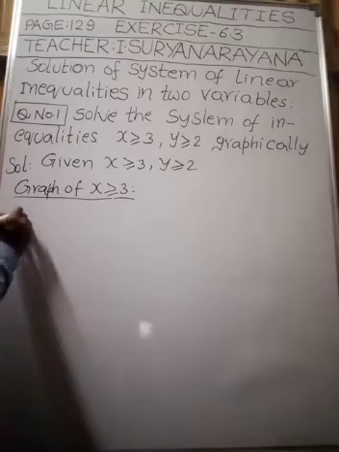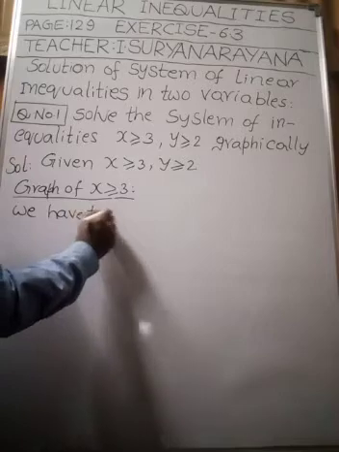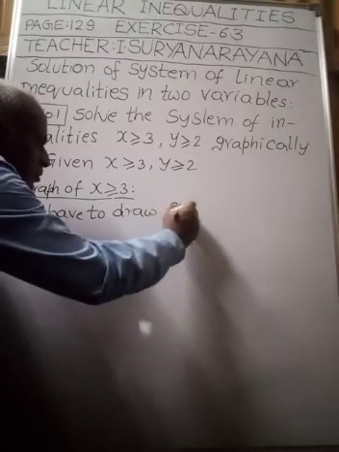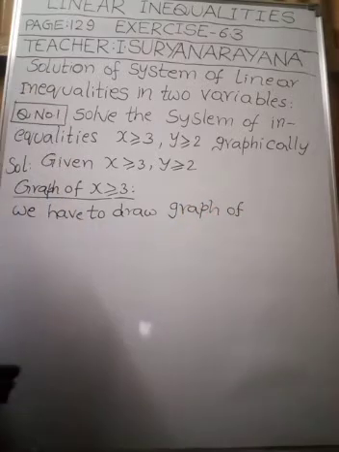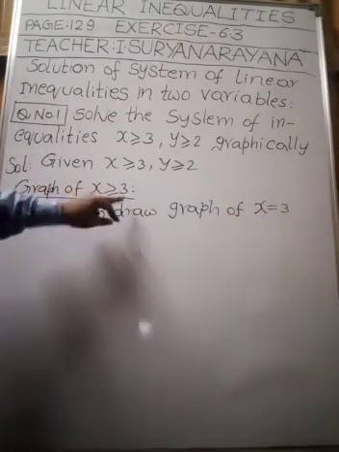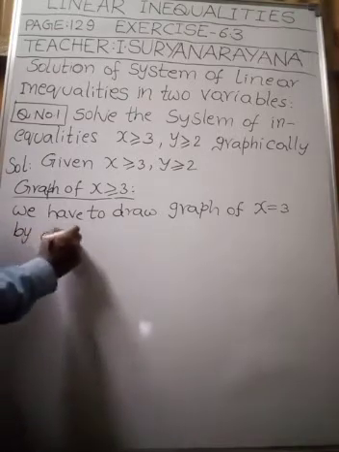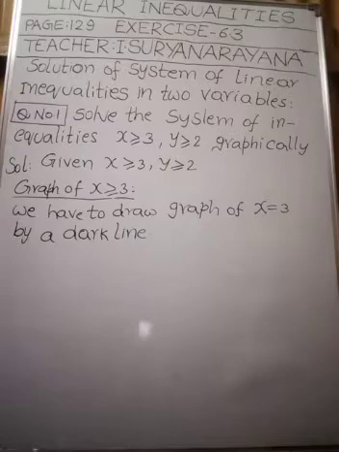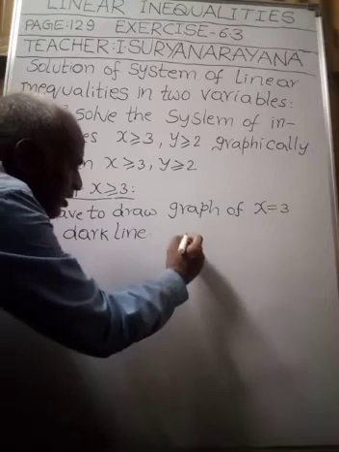So we have to draw the graph of x is equal to 3 by a dark line. Understood this point?